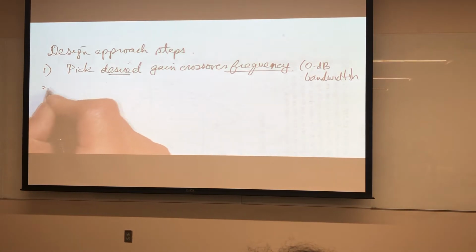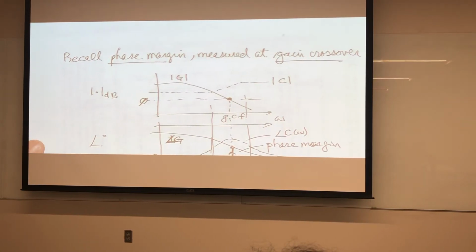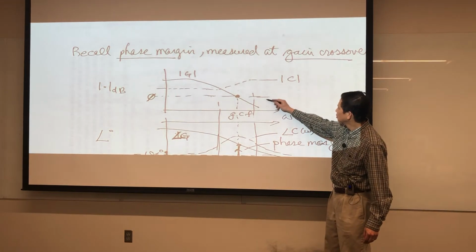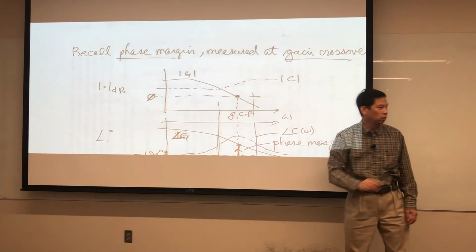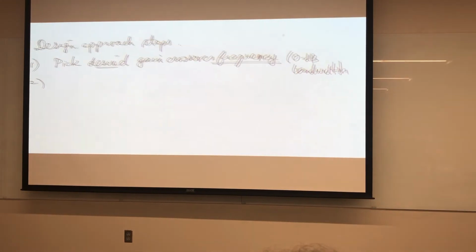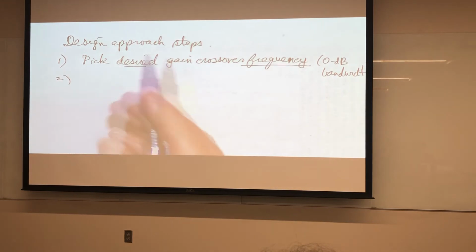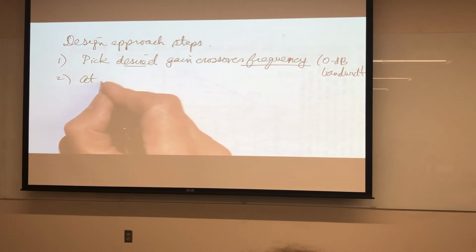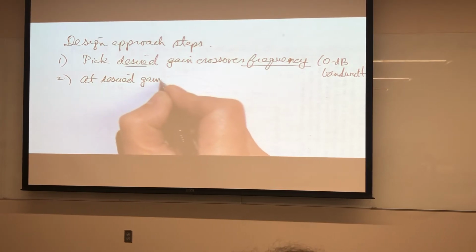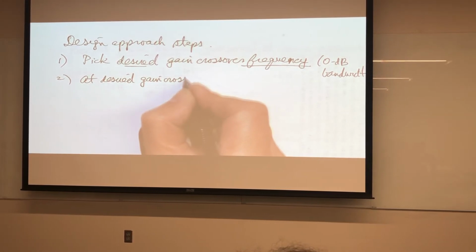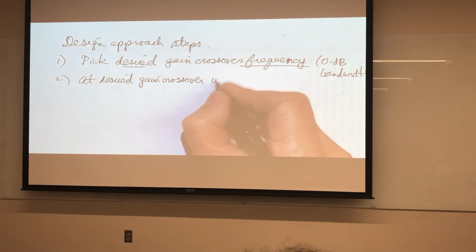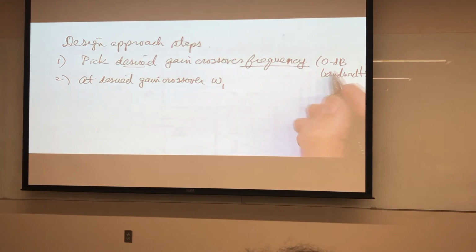Okay. The next thing we do, maybe we desire to be out here. Then we come down and we look at that point and we figure out what is the phase margin. Okay. So at the desired gain crossover, we're going to call that omega 1 because it's going to be 0 dB.